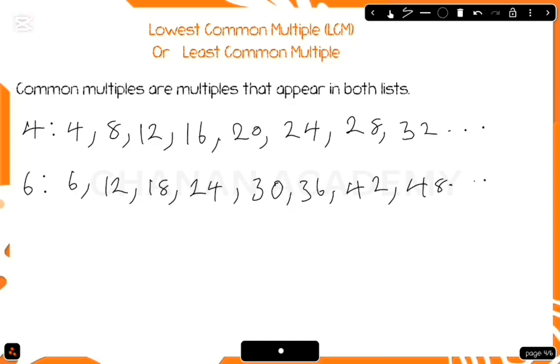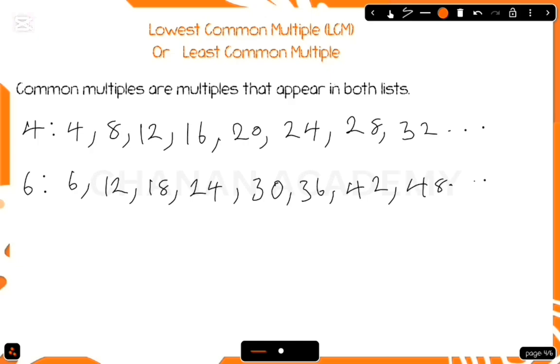So these are the multiples of 6 and 4. If you look closely, do they have any common multiple? 4 and 6, can you see any common multiple?